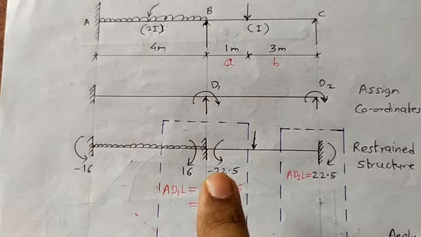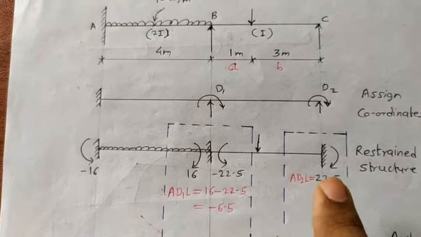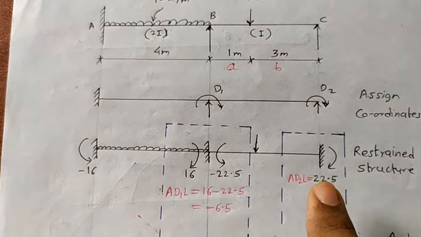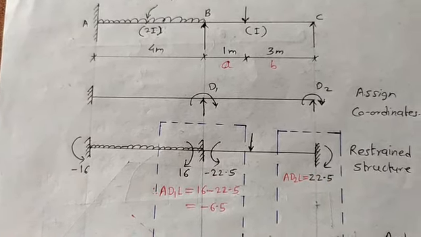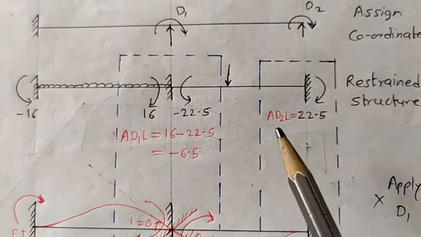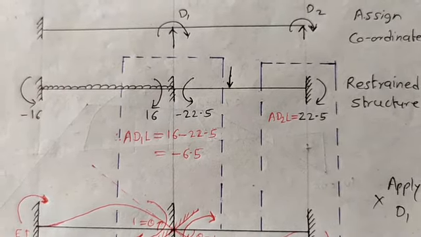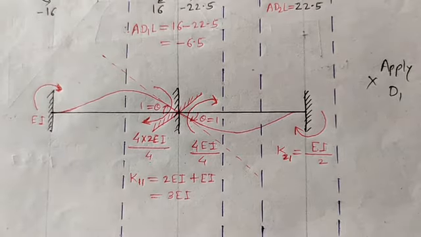Here the moment is anti-clockwise, that's why I wrote minus. Here the moment is clockwise, that's why I wrote plus. I have also written AD1L, AD2L. What is that? Let us come to that part later. We'll go for the next diagram.